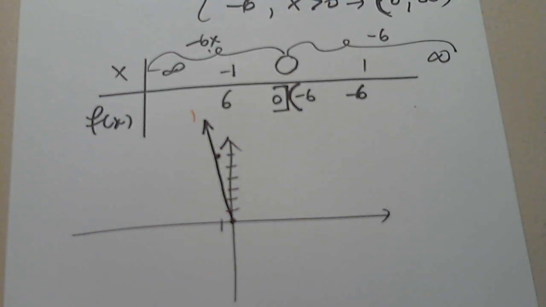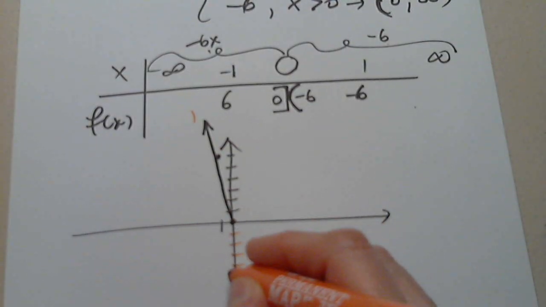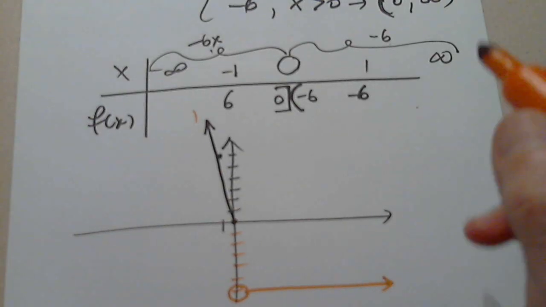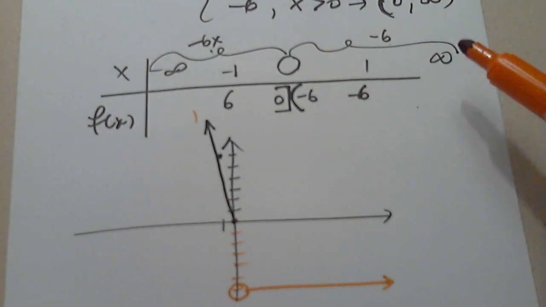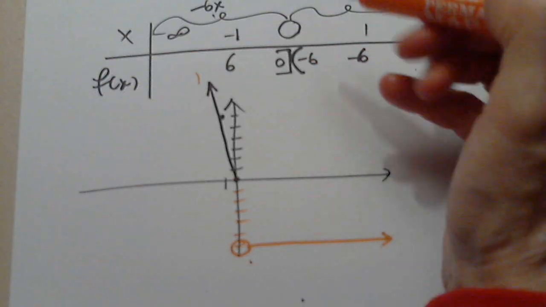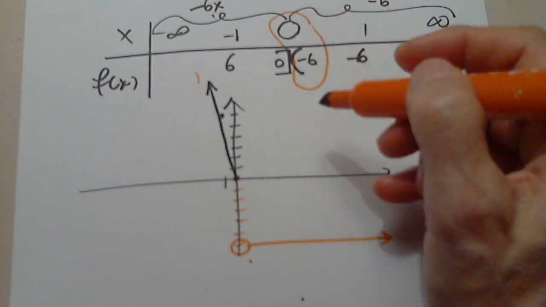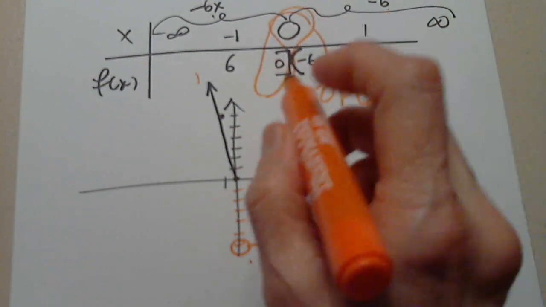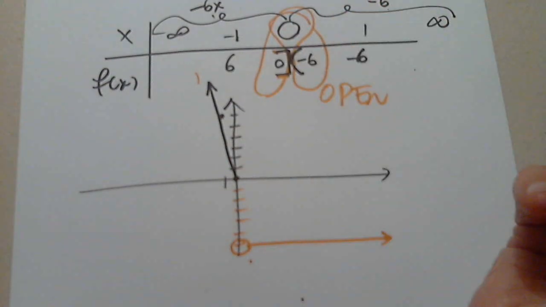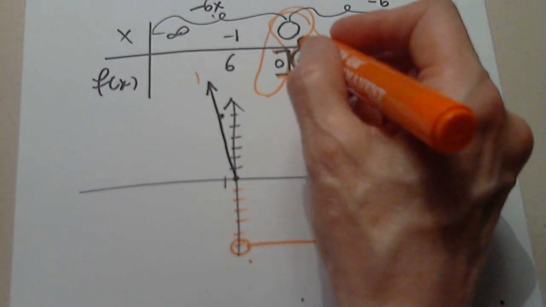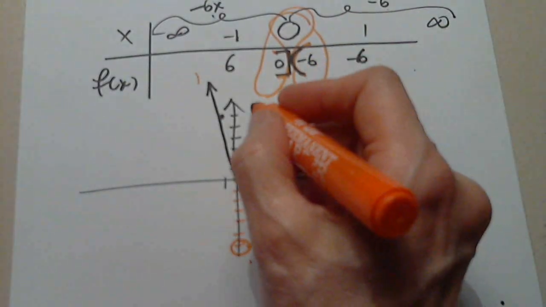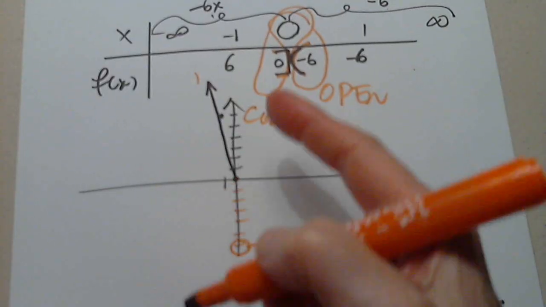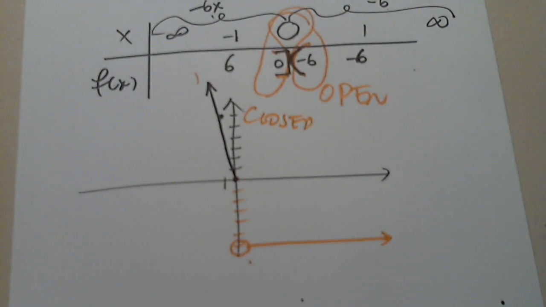This piece has to appear only between 0 and infinity with an open point. This is an open point, and this is closed. Why closed? Because of the bracket. Why open? Because of the parenthesis. So this point is closed, but this point is open.